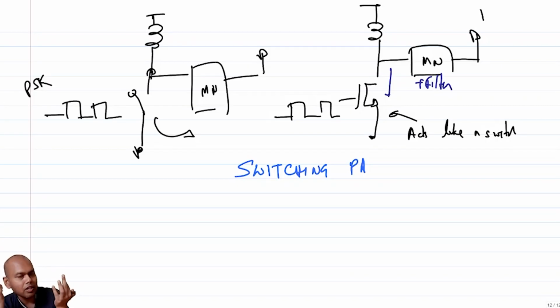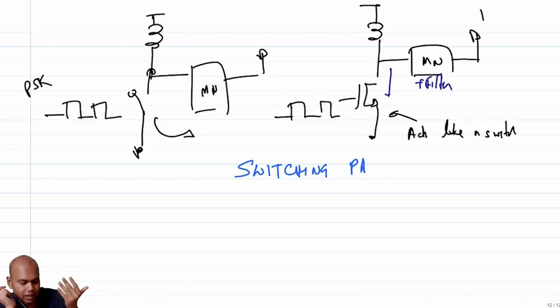Theoretically, there is absolutely no power dissipated at the switches, and all the current can flow into the load, which means that in principle these switching amplifiers can give you 100% efficiency, right? But obviously you cannot, because there will be some overlap of currents and voltages. There will be some dissipation of power, but you can get much better power efficiency than the class A, class B, class C kind of PAs.